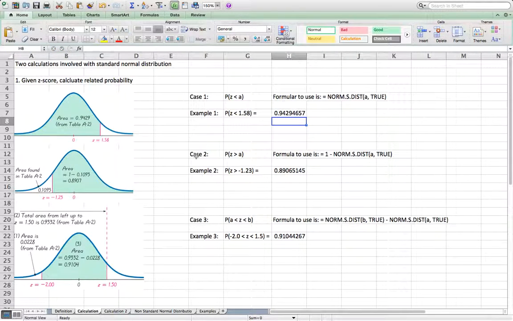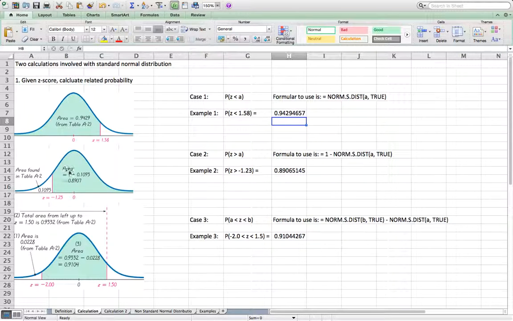The second case is you want to calculate the probability that a random pick of z-score is greater than a given z-score A. Like in this picture, suppose your A is negative 1.23. I want to find the probability that a random pick of z-score is greater than negative 1.23, equivalently the area of this shaded part.